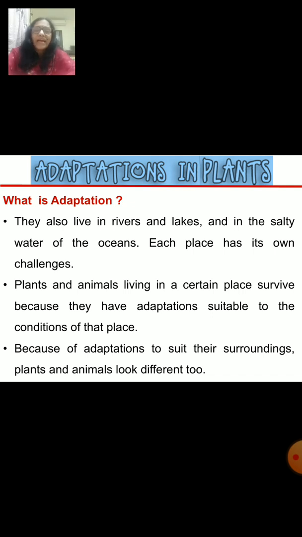The adaptations make them suitable to live in that kind of surrounding. So plants and animals in a certain place survive because they have adaptation. And because of this adaptation, there are different looks of plants and animals. They look different because they live in different places.